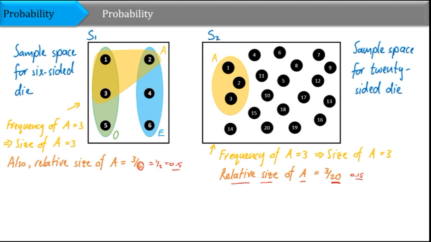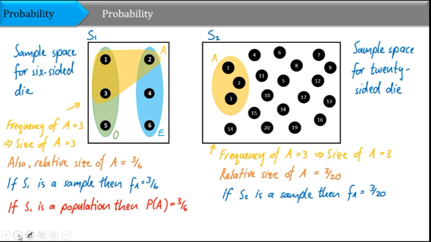So what we can see as well is that just knowing the frequency of an event is not good enough, because it doesn't exactly give all the information regarding that event. So we prefer to work with the relative size.